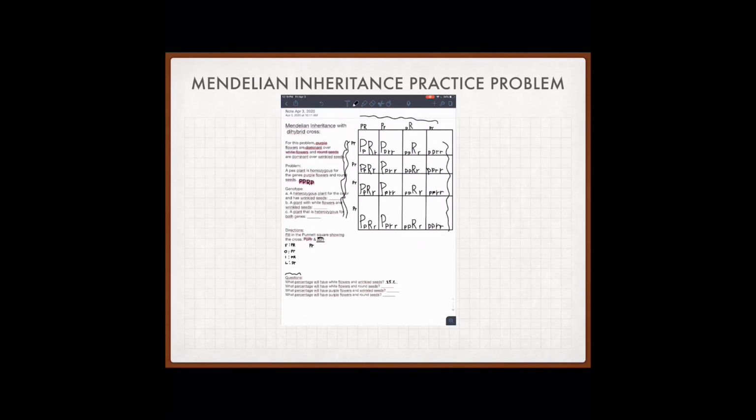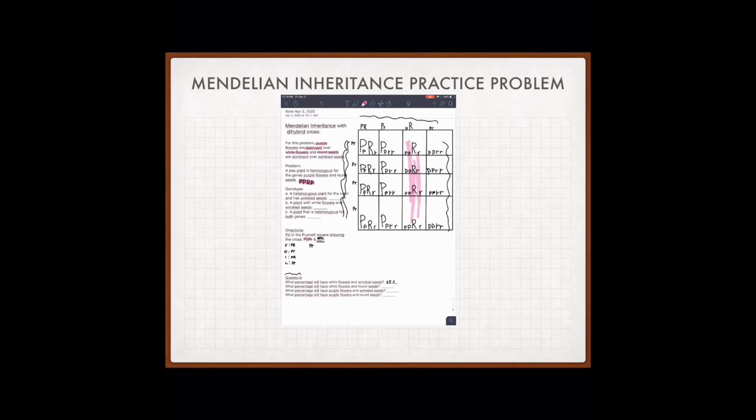What percentage will have white flowers and round seeds? So for this, because the white flower is recessive, it is going to be little p for both of them. So the only ones that have a little p right now is this section right here. Now I'm going to highlight that instead. So we already know it's going to be this one.